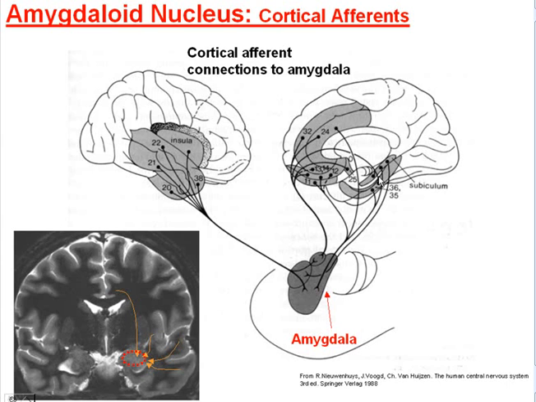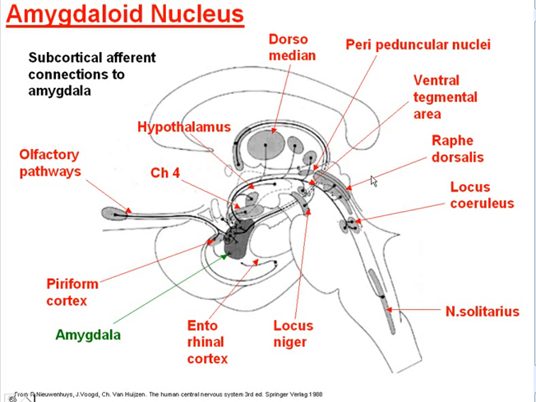Those are all cortical afferents to the amygdala. The subcortical afferents to the amygdala are the nucleus of Lafay, ventral tegmental area, locus coeruleus, and nucleus solitarius.